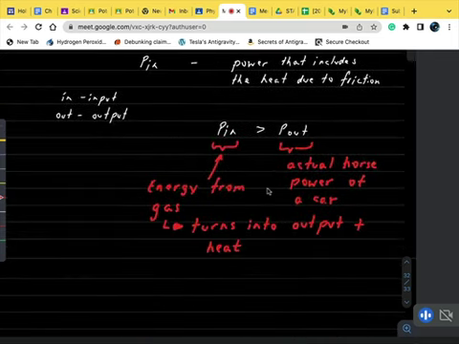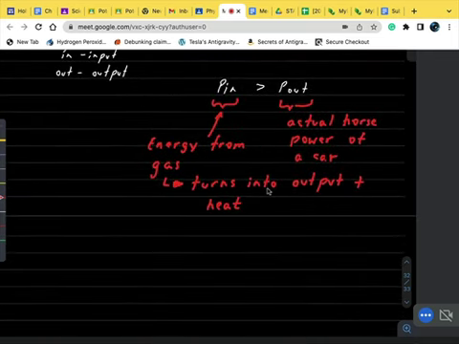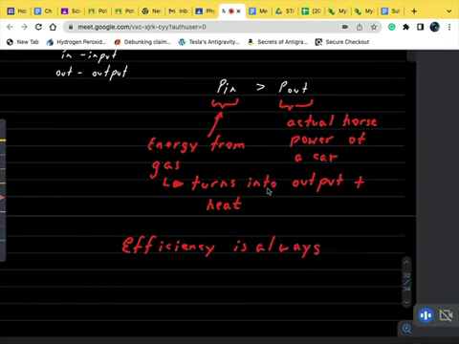One more point here before we go on to calculation. Efficiency is always less than 100%. You're never going to have a 100% motor. You can get close to it with the electric motors, like the Tesla motors. It's true, they're pretty efficient.